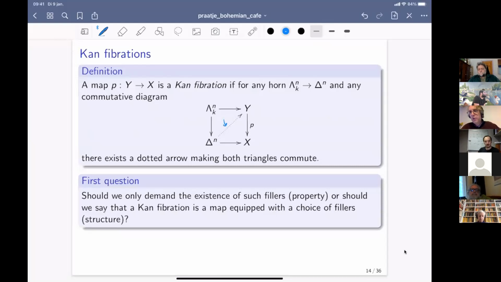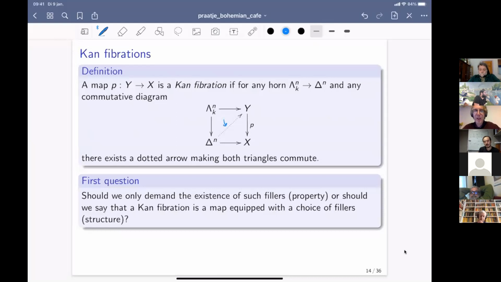So from a constructive point of view, I think the first question to ask is the following. This sounds like a property, right? For every square of a certain type, there should exist something that has certain properties. But is that really a property, or should we think of that as structure? A cofibration is just a map of simplicial sets which comes together with an effective operation which, given such a square, actually gives you a filler.